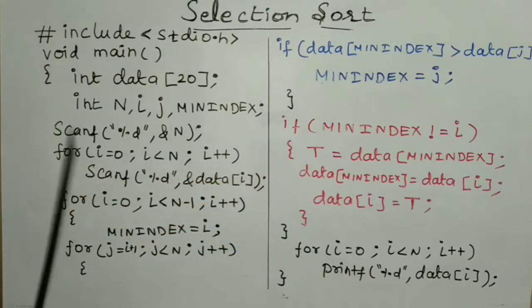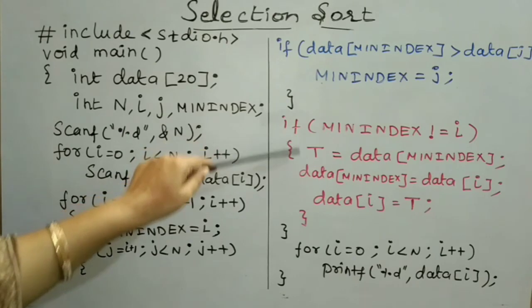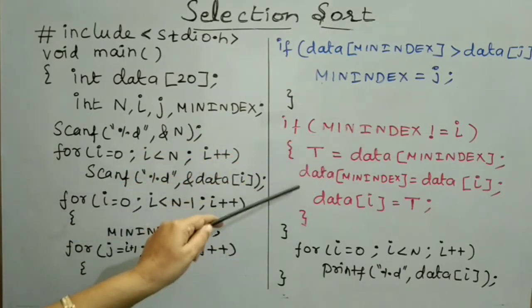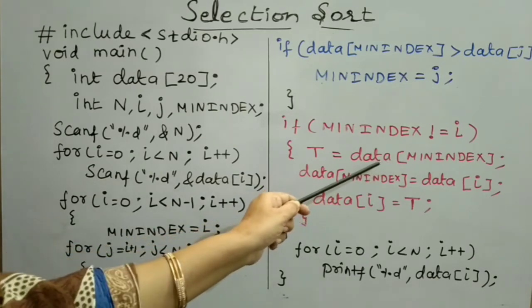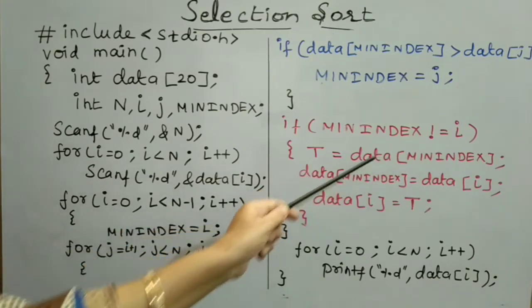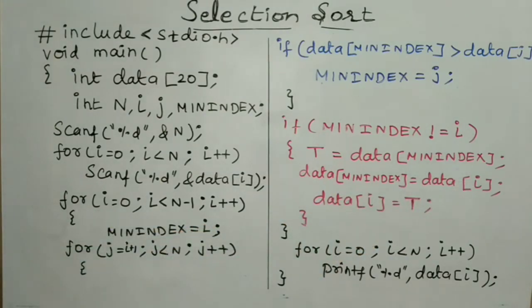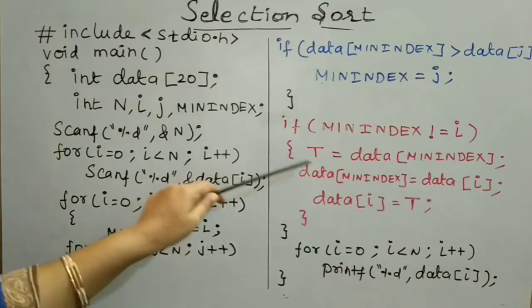We perform this swapping procedure when the minimum index is not equal to i. The data element in this minimum index position of the data array is swapped to the appropriate position in index position i. Both are swapped.